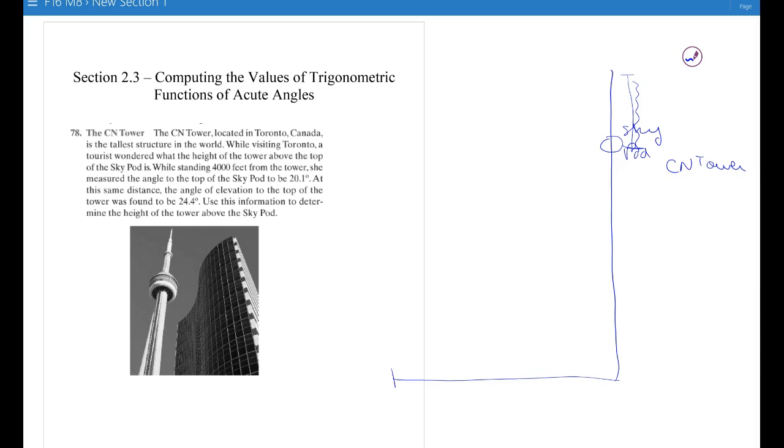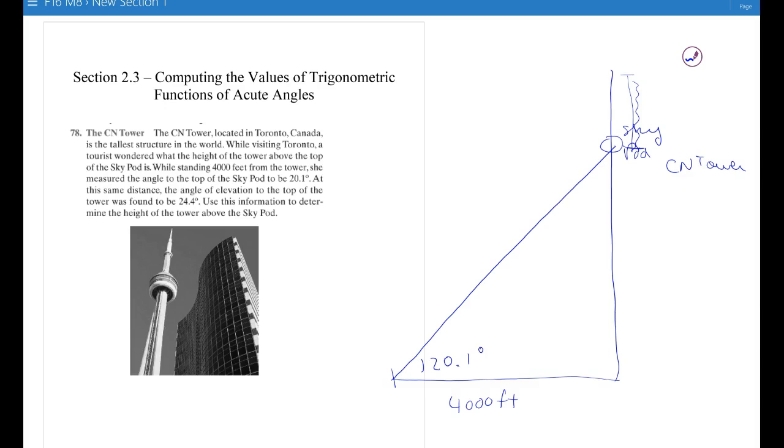So they first measured their distance away from the bottom of the tower, and that was 4,000 feet, and then measured the angle to the top of the sky pod to be 20.1 degrees.